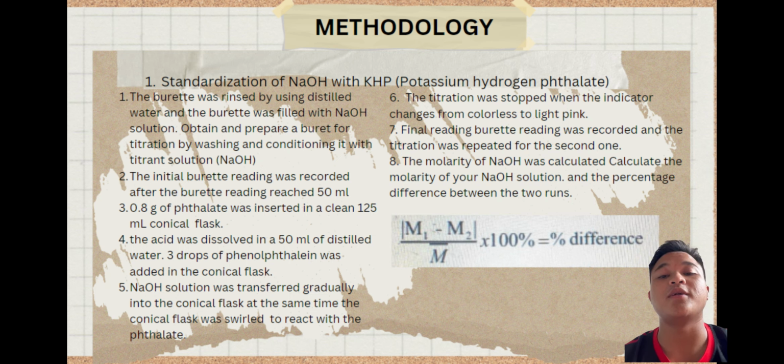Hi, I'm Roy and I'm going to explain the methodology using the titration technique in synthesized aspirin. This methodology consists of two parts: standardization of sodium hydroxide with potassium hydrogen phthalate, and determination of the purity of aspirin tablet.